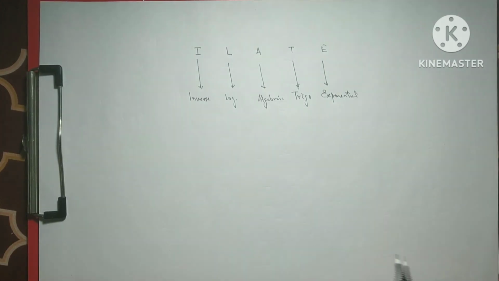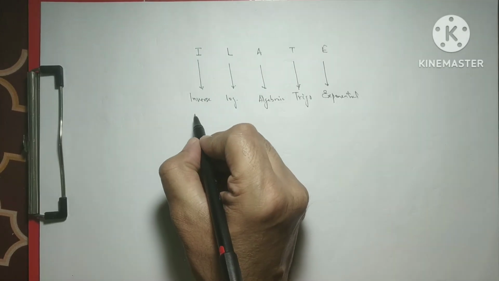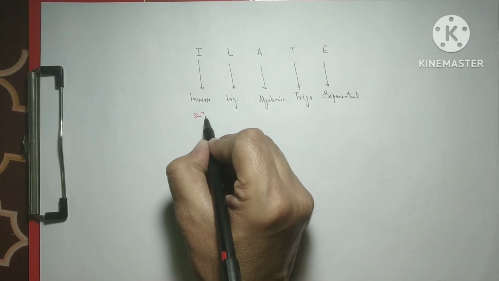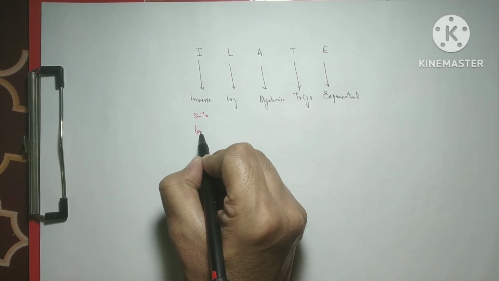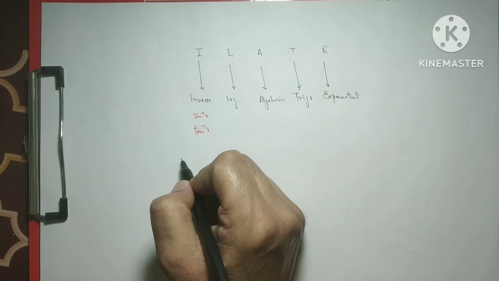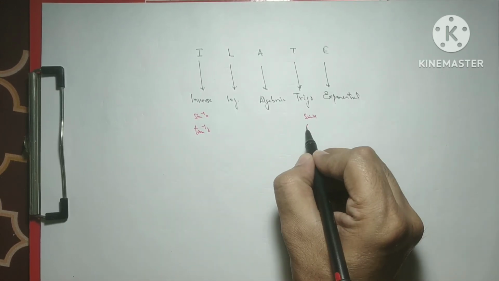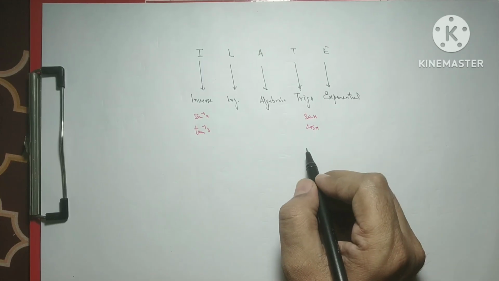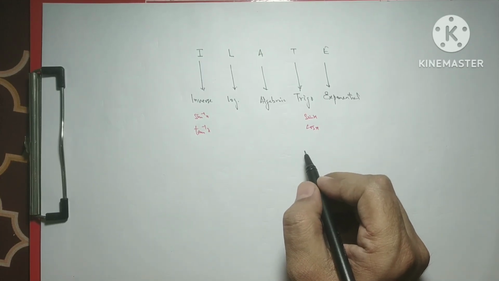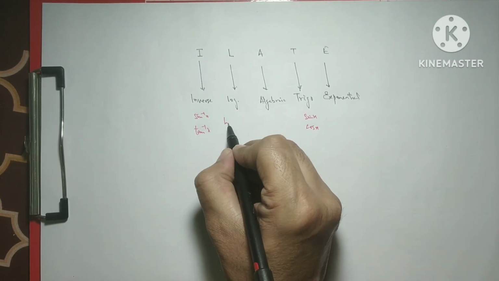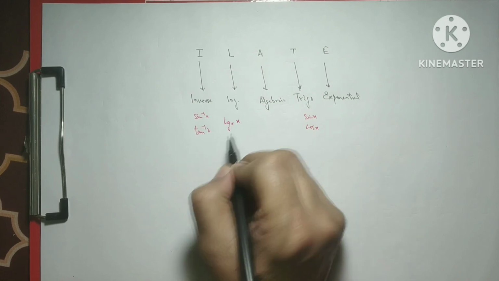In inverse, the function should be like sine inverse x, tan inverse x, and in trigonometric it should be sin x, cos x, and these are log functions like this.